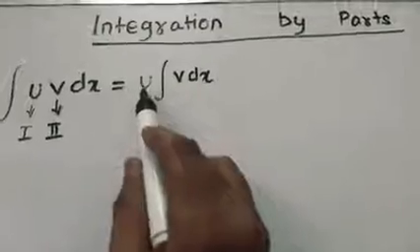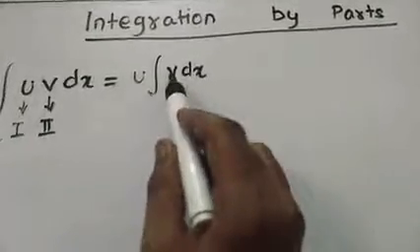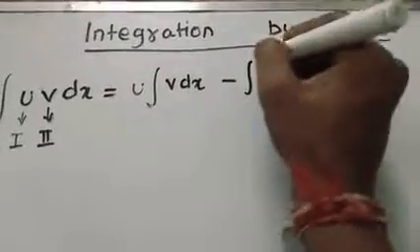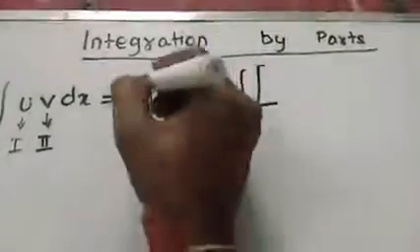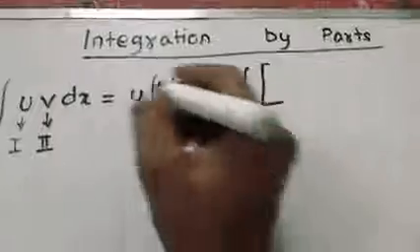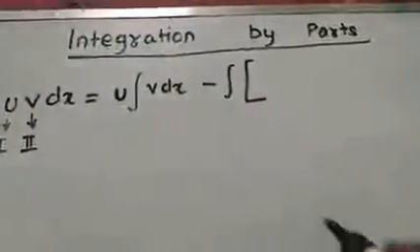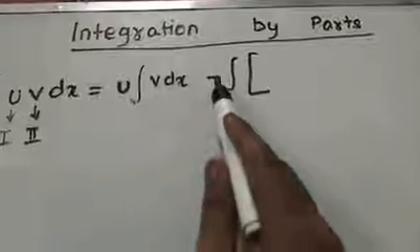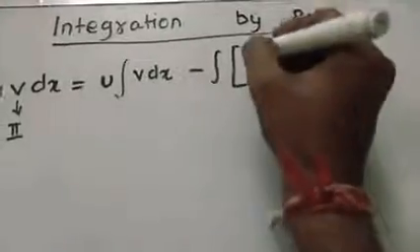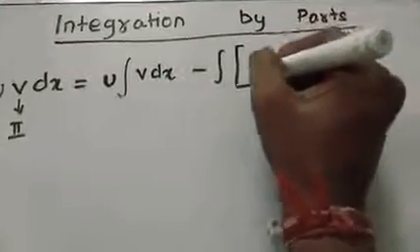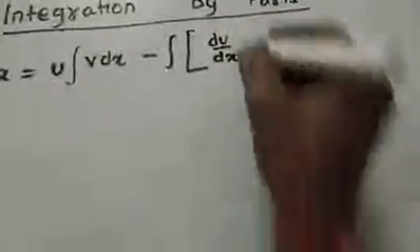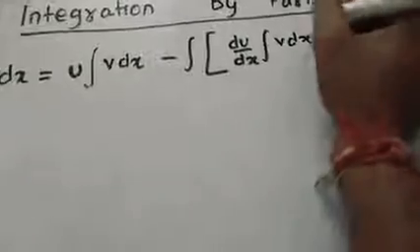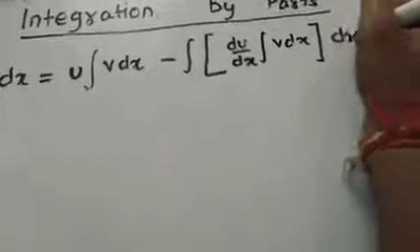So starting with the first function u, integration over v dx, that is second function, minus integration over, give a third bracket. Okay, starting with the first function, integration over v dx minus integration, now derivative of first function, now again into integration of second function, third bracket close, dx.